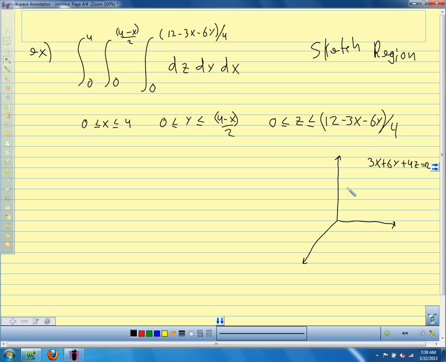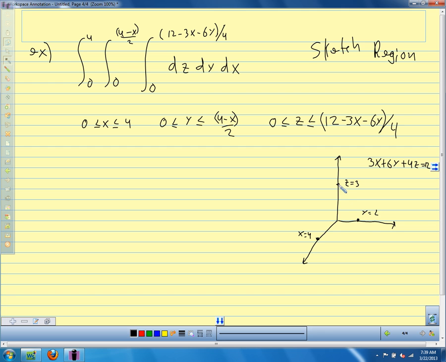So how can I sketch that plane? Intercepts. So when x and y are 0, z equals 3. So I have a point here at z equals 3. When y and z are 0, x equals 4. And when x and z are 0, y equals 2.